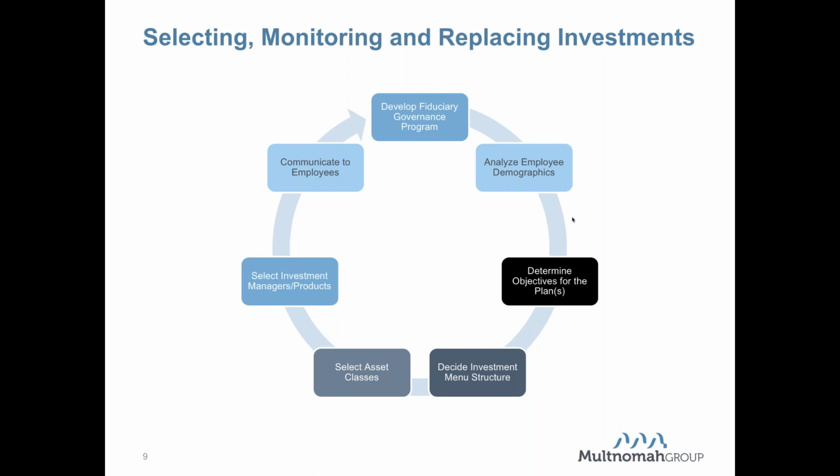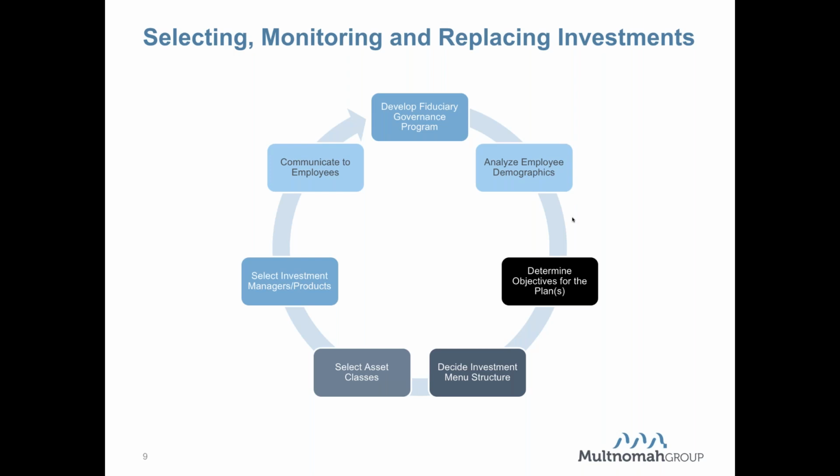Some participants and committee members want plans where they can defer income and accumulate large amounts of savings. Others want plans that are much more effective at replacing working income over long periods of time. But defining the objectives ultimately creates the process by which a reasonable committee can arrive at consensus about the type of investment menu structure they're going to have.